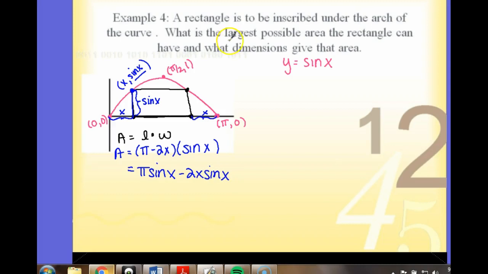Our end goal is a large area. So we need to maximize area. So how do you find the max of the area? We find when the derivative is zero, because that gives us a critical point, and then we take that critical point and confirm it on a sign chart.